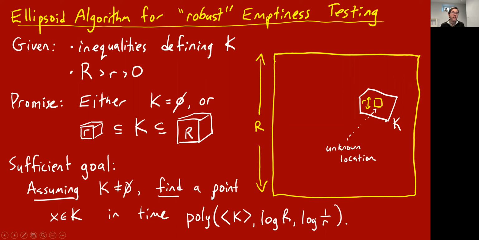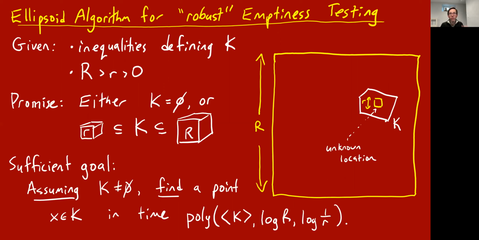But the algorithm is not going to find any point in K, because there is no point in K if K is empty. So the algorithm will just fail to find a point, and the meta-algorithm can say, okay, it must be that K is empty. That's how you reduce the empty versus non-empty decision problem to the task of finding a point, assuming the set is non-empty.